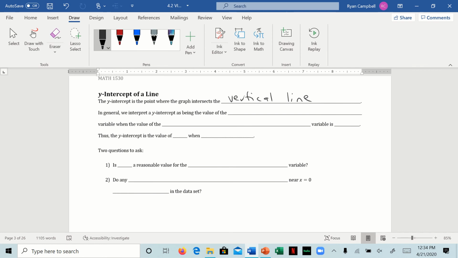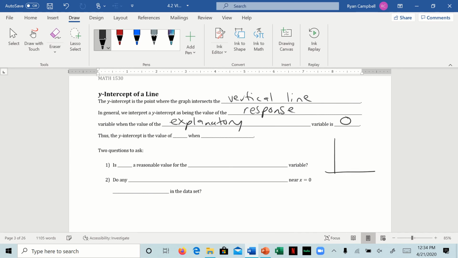So in general, another way to say this, we have two different ways of interpreting it. We interpret a y-intercept as being the value of which variable? If it's the y-intercept, which one's y? Which variable is the y one? The y value is the response variable when the value of the explanatory variable is 0, right?